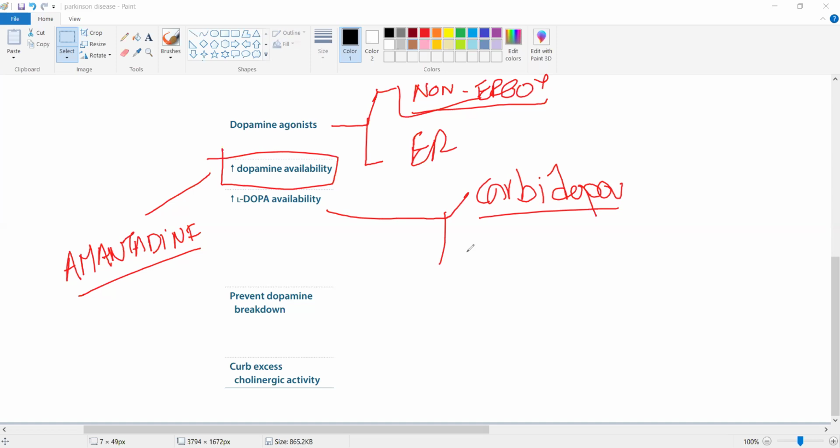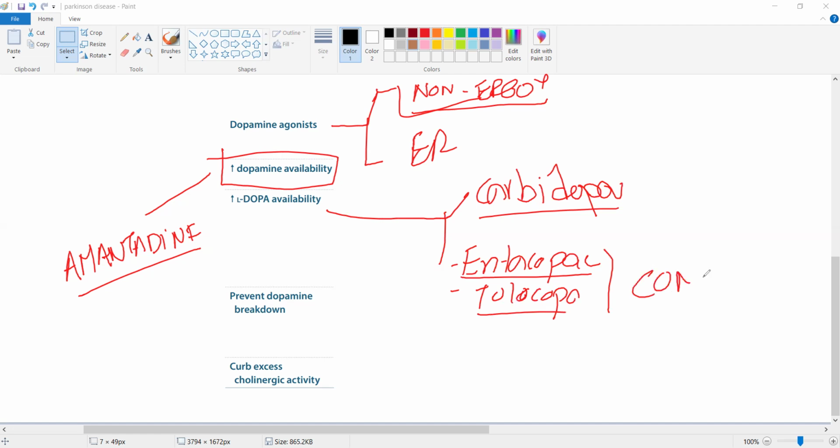Dopa decarboxylase. Entacapone and tolcapone, they inhibit which enzyme? They inhibit the COMT enzyme. They are COMT inhibitors.